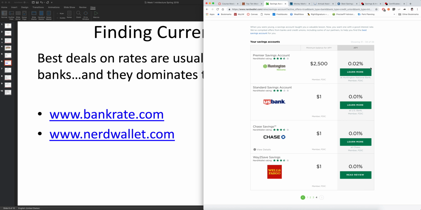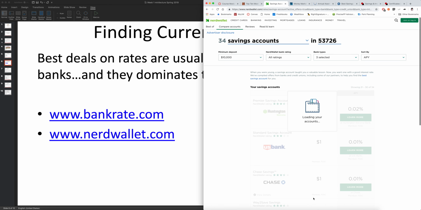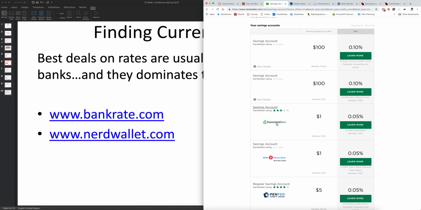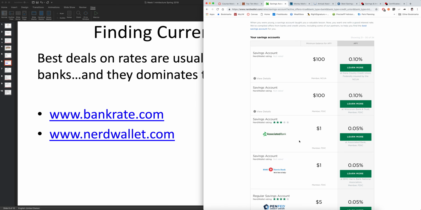I don't know how they're going to survive with these low interest rates. It's just stunning how low some of these are. And then here's my bank, Associated. I don't have a savings account there, but if I did, I'd be getting 0.05%. That's horrific.